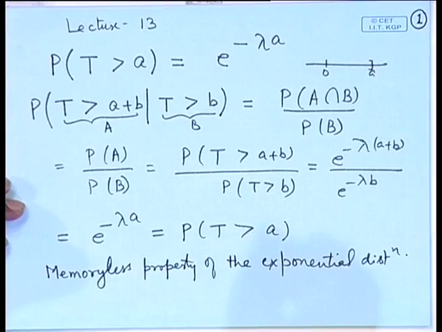This is interesting because many times we buy a second hand item, a second hand transistor, second hand computer or calculator, because if it is still working, then the probability of its failure after a certain time will remain the same. So, this is because of the memoryless property of the exponential distribution.